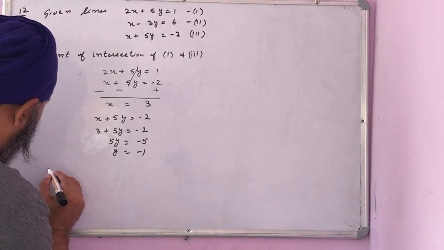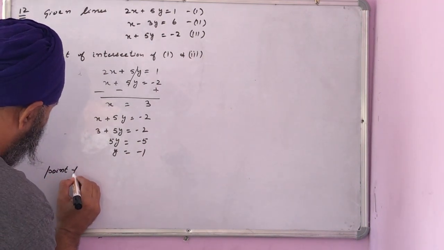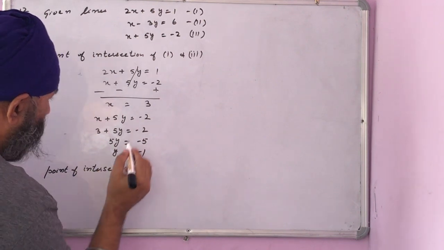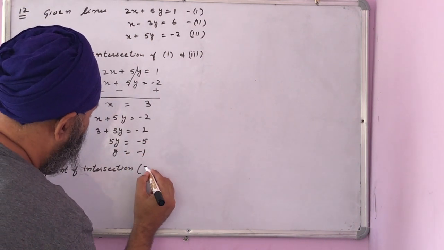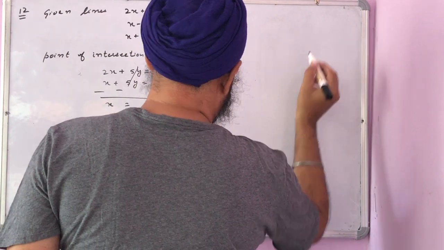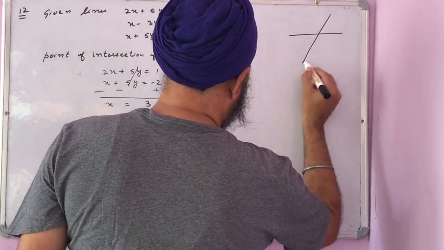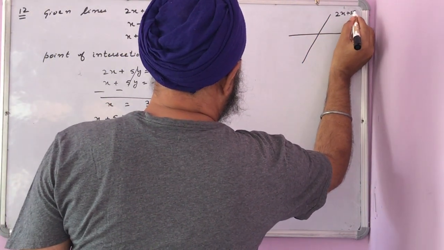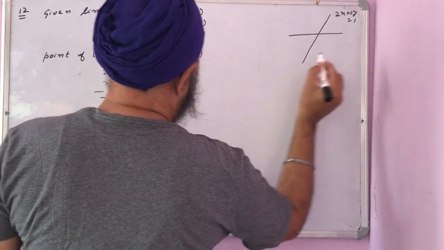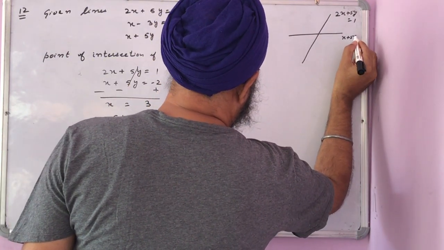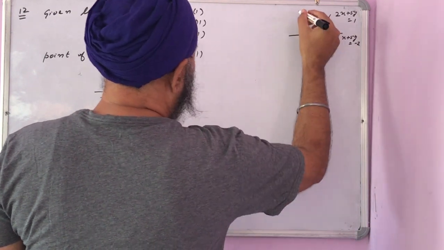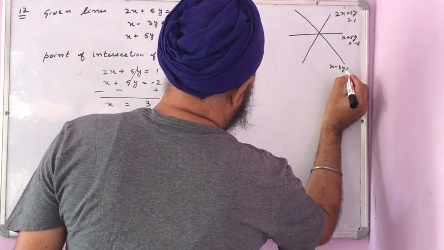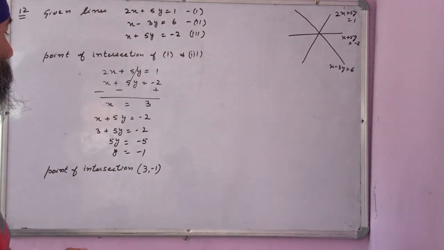So the point of intersection is 3 and minus 1. So I found the point of intersection of these two lines. Now if this point lies on the third line, x minus 3y equal to 6, then these three lines will be concurrent.